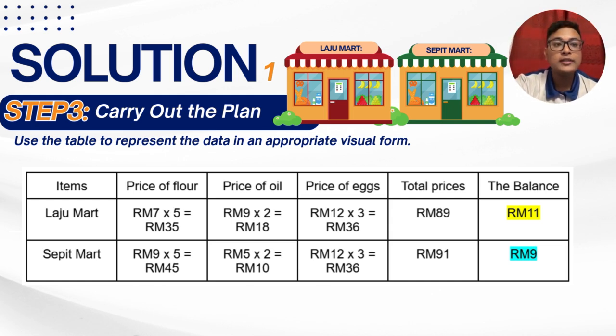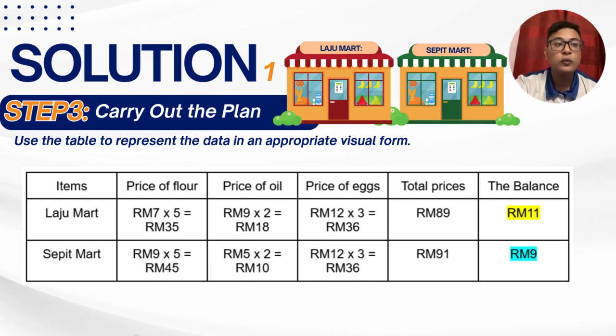Alright, from this table, we just look at the balance, because we need to determine which store is cheaper. From this table, we know that the balance that Azlan gets from the first store is 11 ringgit and from the second store is 9 ringgit.